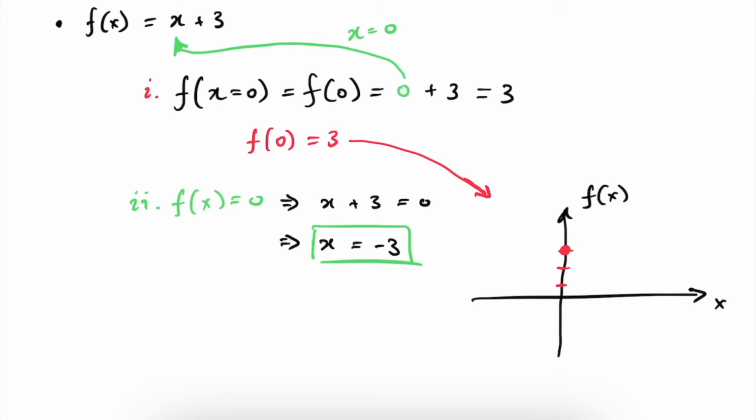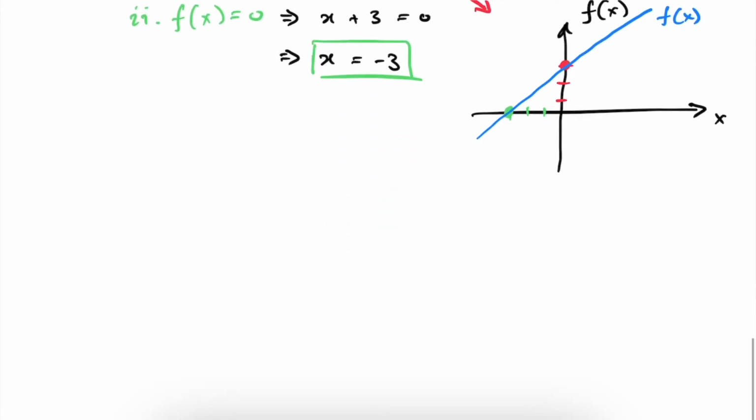Now for the second point, let's see where our line crosses the horizontal axis, which is what we found here at x equal to minus 3. So minus 1, minus 2, minus 3. That's over here. So now simply connect these two dots and we have our function f of x. So that's the basic approach to these exercises.